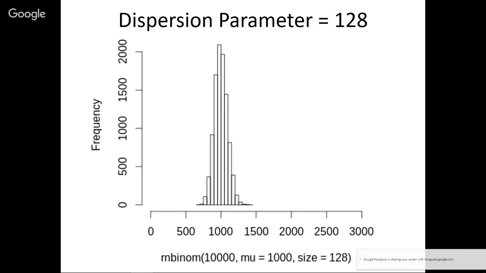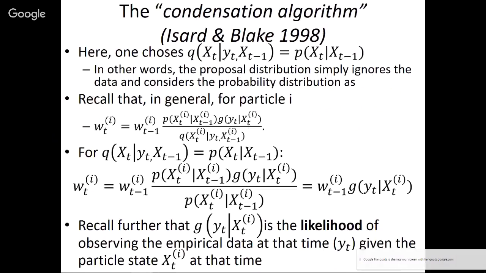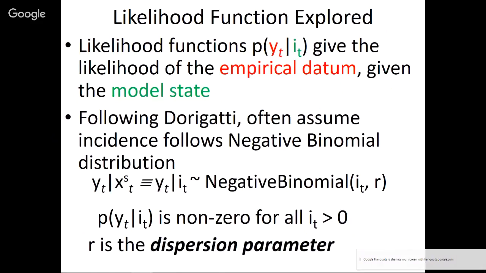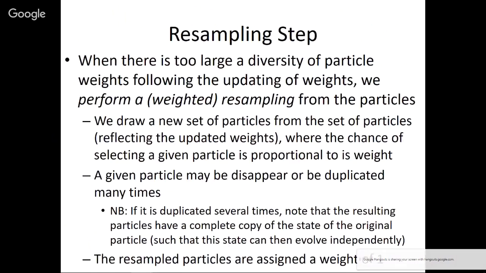Bear in mind that choosing a likelihood function is important. We use negative binomial rather than binomial in a lot of cases because a binomial likelihood function would posit zero probability that you observe an empirical count above the number posited by the model.